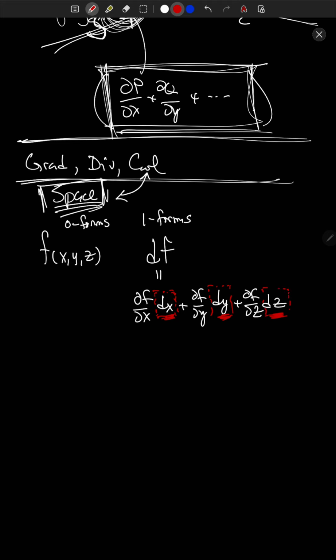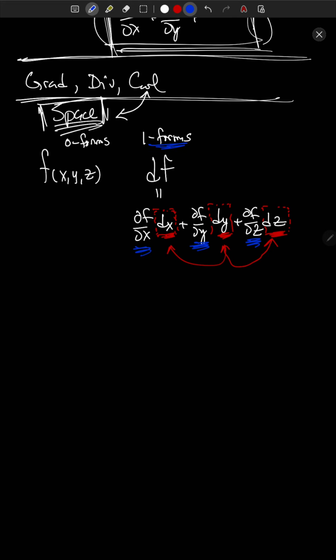Just let it be known that these have very mathematical meanings. One forms are essentially the gradient, because the gradient is df/dx times i, where the dx is like the i, df/dy times j, which is like the dy, and df/dz times k. So one forms are essentially like vector fields.